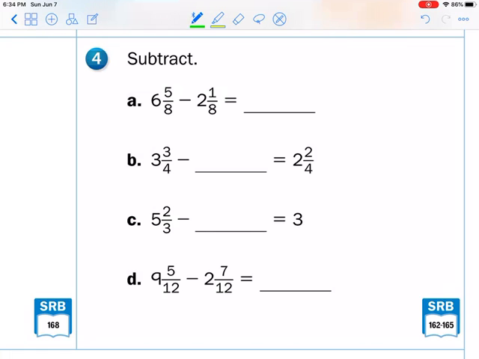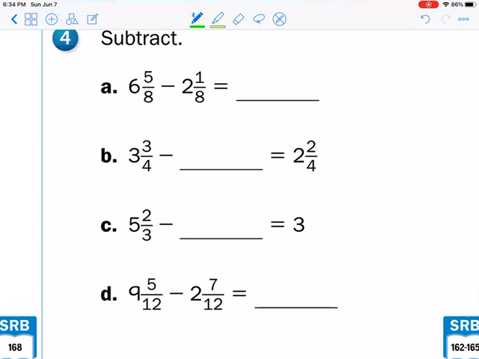Okay, we are doing subtracting fractions in number 4. So 6 5/8 minus 2 1/8. If I subtracted the whole numbers, I would get 4. And then 5 minus 1 is 4. And my denominator stays as 8, so 4 4/8.